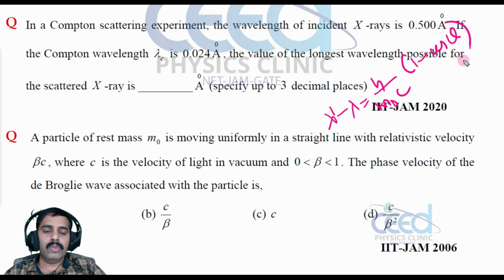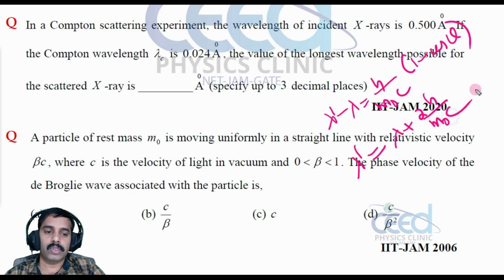Now this lambda is given, and lambda dash is equal to lambda plus h by m0 c into 1 minus cos theta. When is this value maximum? When theta is equal to 180. You can take theta as 180 for the maximum possible value. Then cos 180 is minus 1, so this will be lambda plus 2h by m0 c.